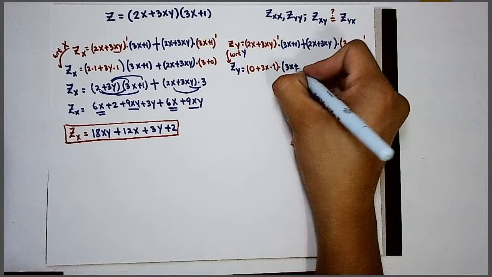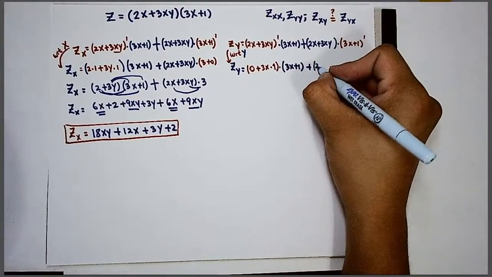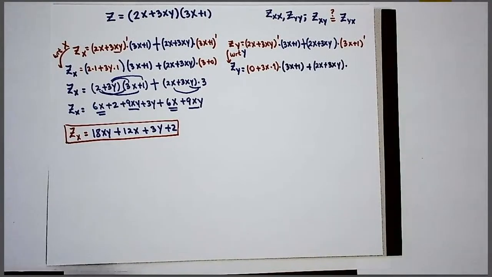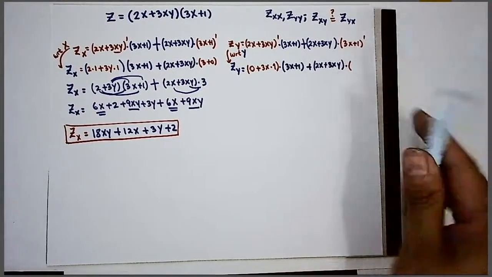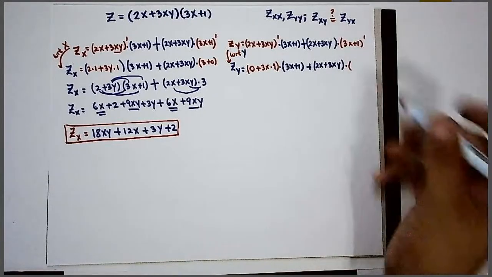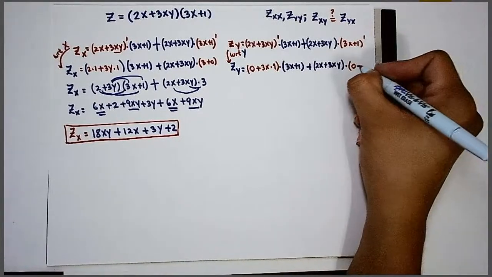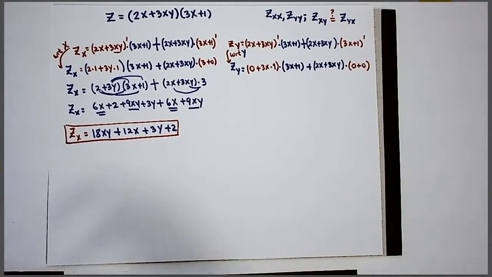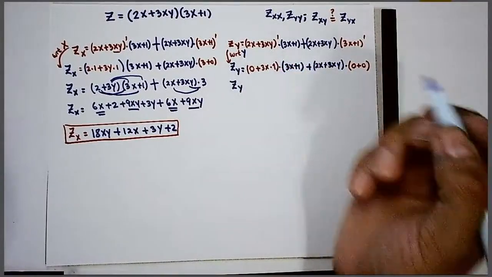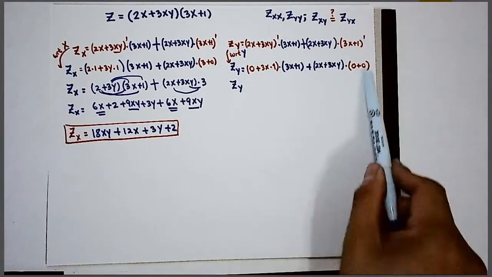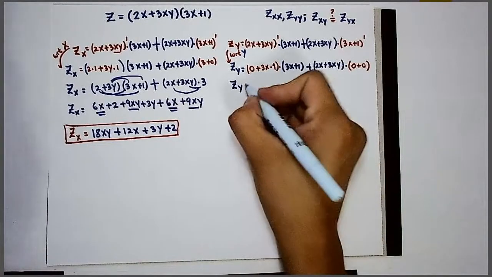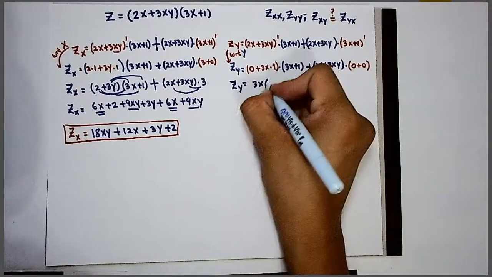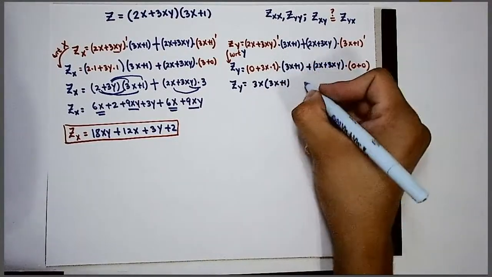Times the second factor, plus the first factor times the derivative of the second factor. Now notice that the derivative of 3x with respect to y is 0 because there is no y, and 1 is a constant, so the derivative is also 0. So you will notice that this operation with respect to y is simpler. Here 0 plus 3x is 3x times (3x plus 1).